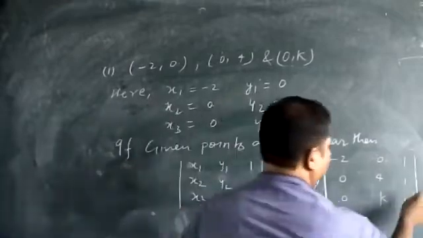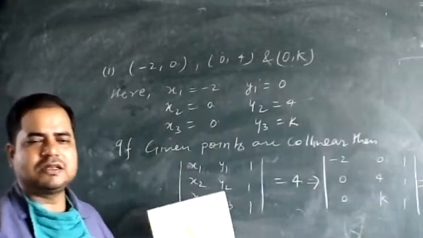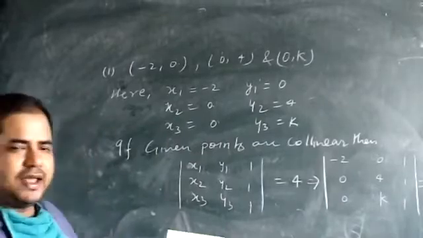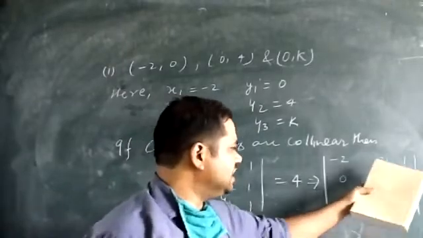And this is nothing but 4 square units, because the area of the triangle is 4 square units. So if the area of the triangle is 4 square units, that determinant equals 4. And now easily you can solve.